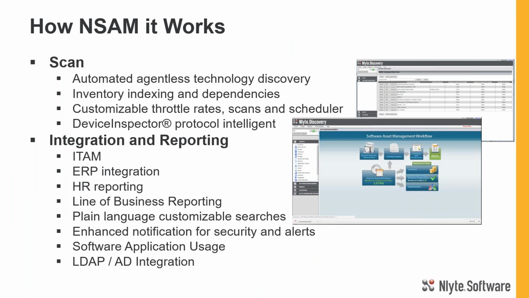So how does this all come together, and how does this work within the Nlyte Software Asset Management? Our scanning technology is proven technology. It's been used for decades now. It's an agentless based solution, and the nice thing is that it will actually crawl and walk your network based on the start and end point that we've told it to do.